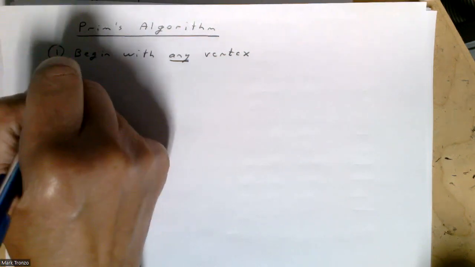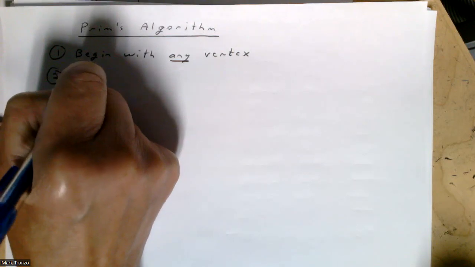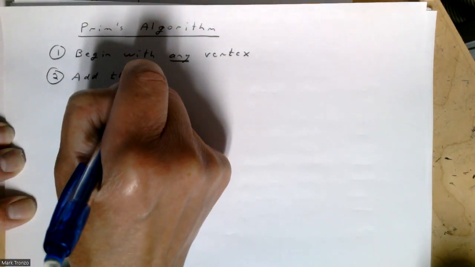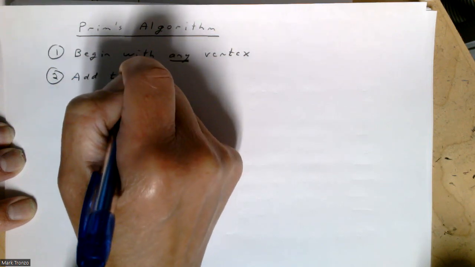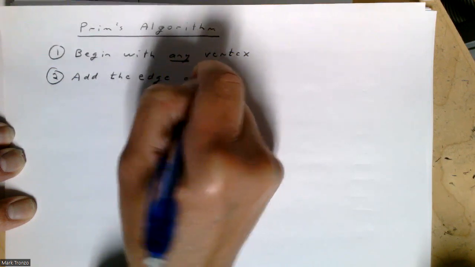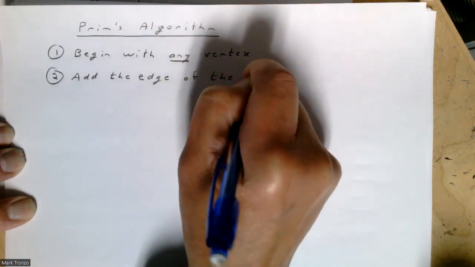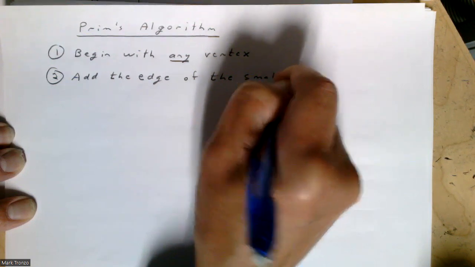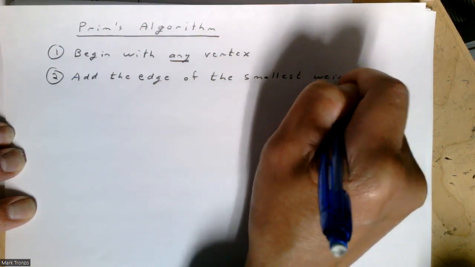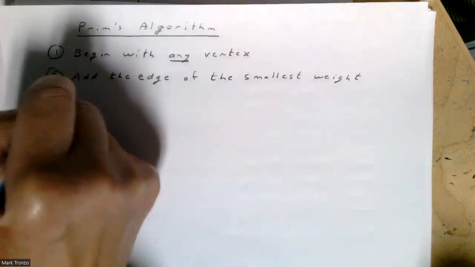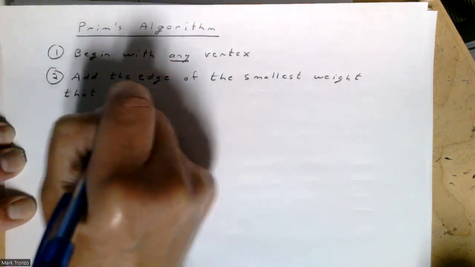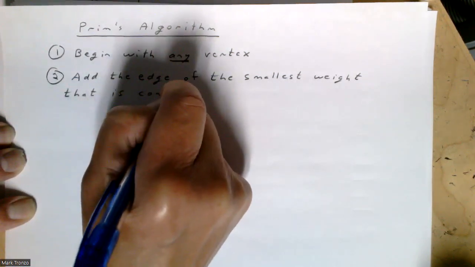Step 2, add the edge of the smallest weight that is connected to your original vertex.